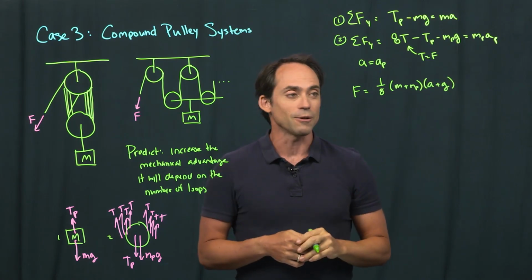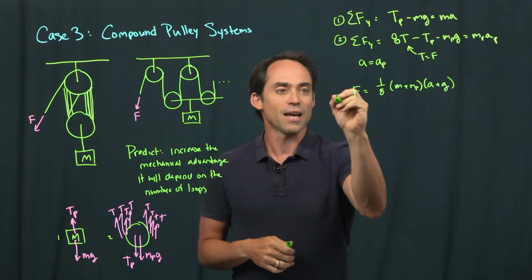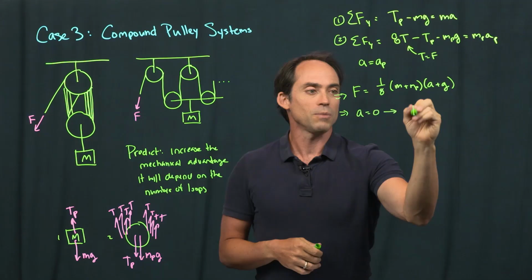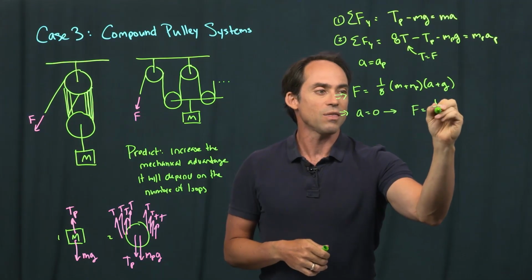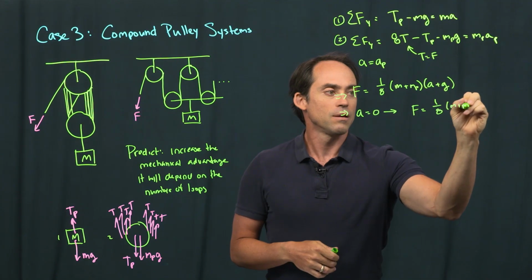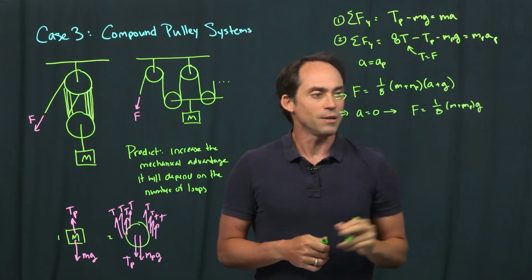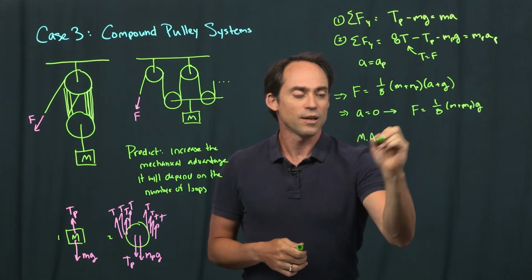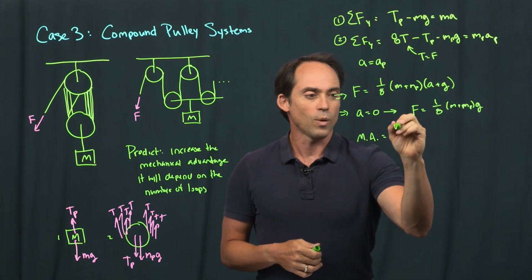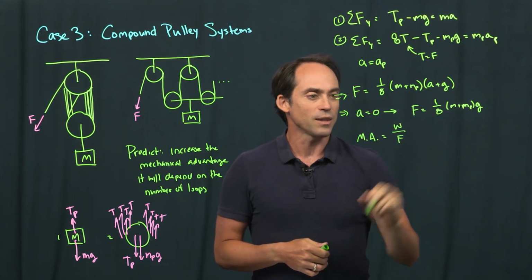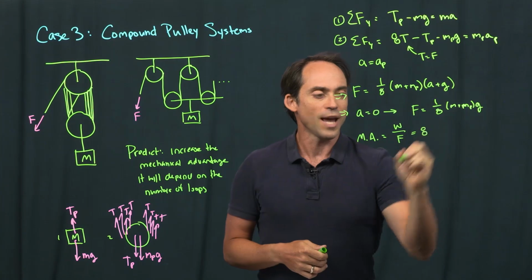And again, if we have a equals 0, this is going to give me the force is 1/8 times the sum of the masses times their gravity. And if I want to compute the mechanical advantage, that's equal to the weight divided by the force, and the weight is that number right there, so this is equal to 8.